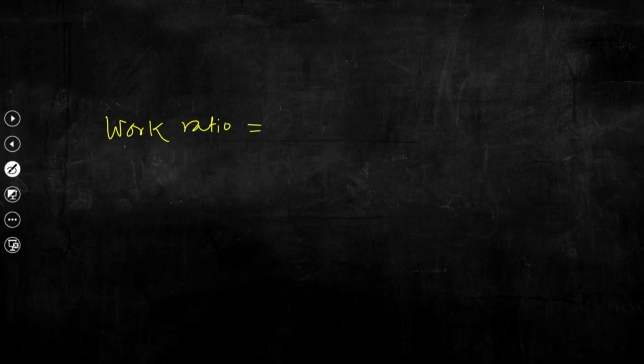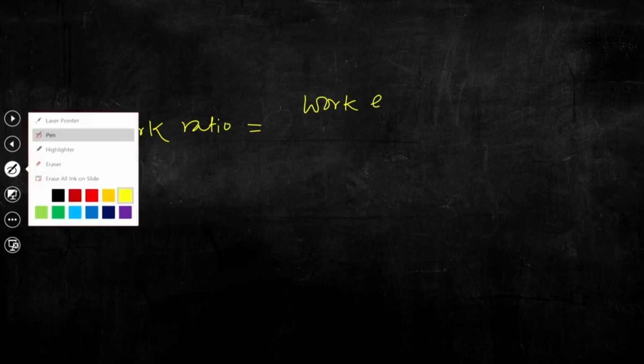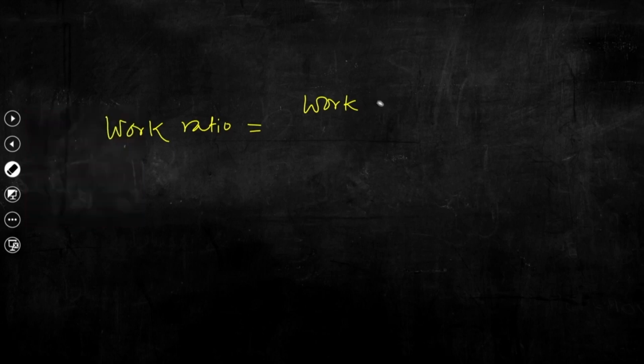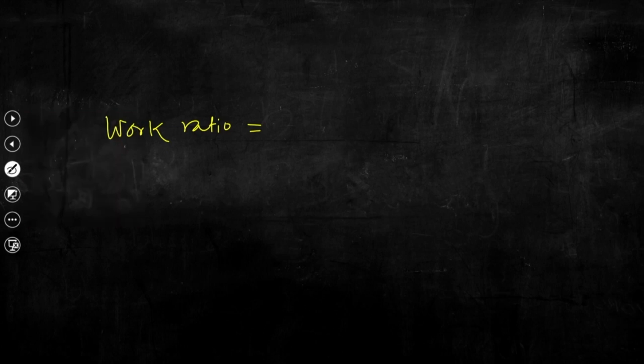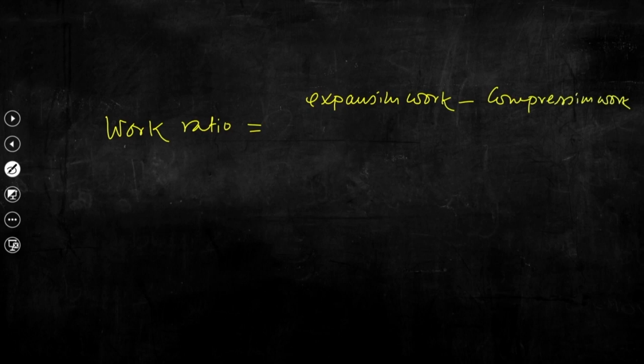Work ratio is defined as the turbine work or expansion work, that is the positive work, minus compression work, divided by expansion work.